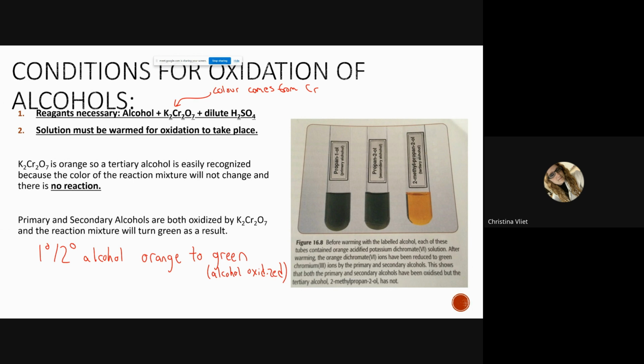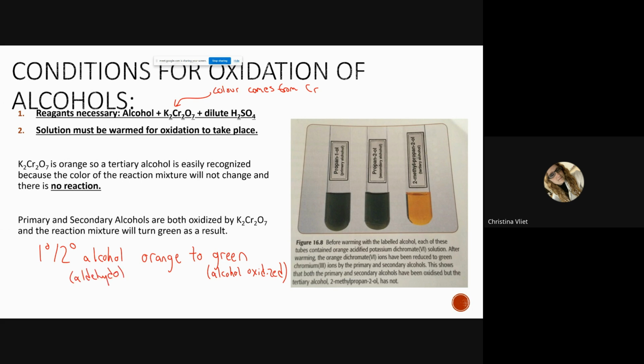What other groups would show oxidation with potassium dichromate? Primary alcohol, secondary alcohol, what other groups would show a positive test? If I put potassium dichromate and warmed it in a test tube, it would change from orange to green. We know the primary alcohols react, we know the secondary alcohols react, what else reacts? Aldehyde. So this also would be a test for aldehyde.